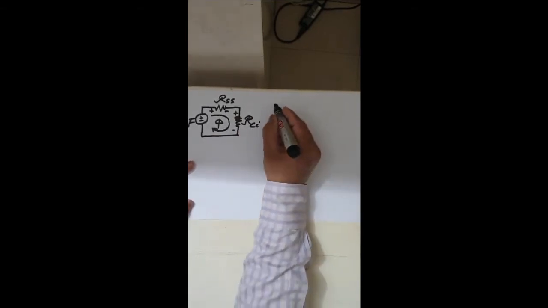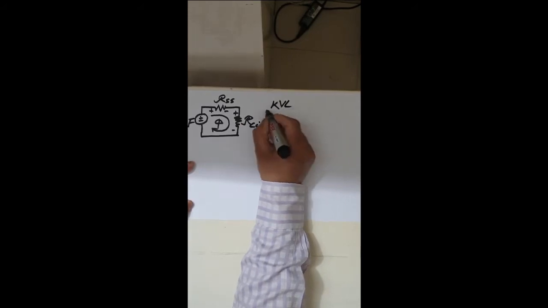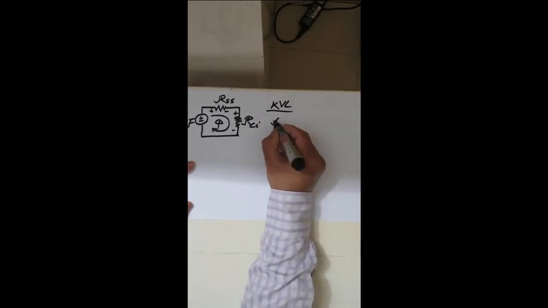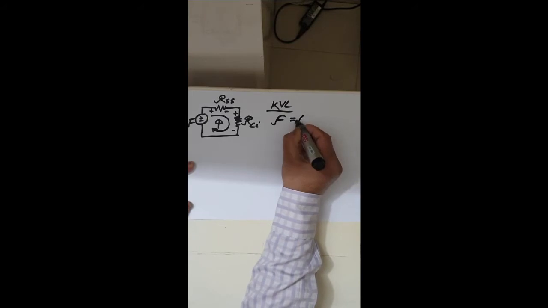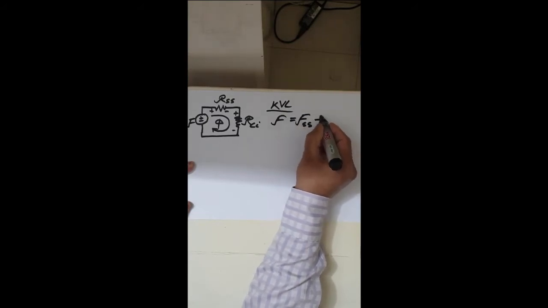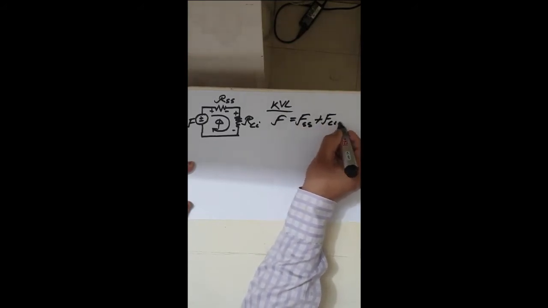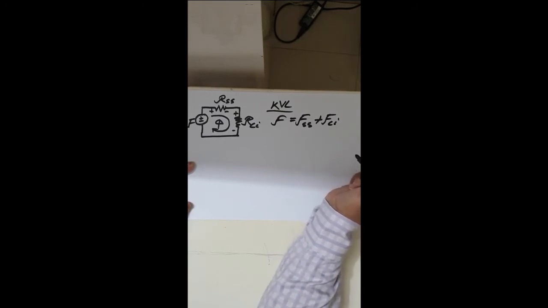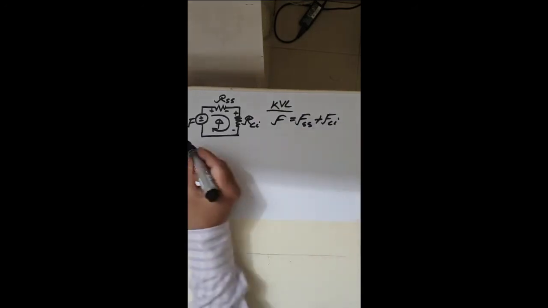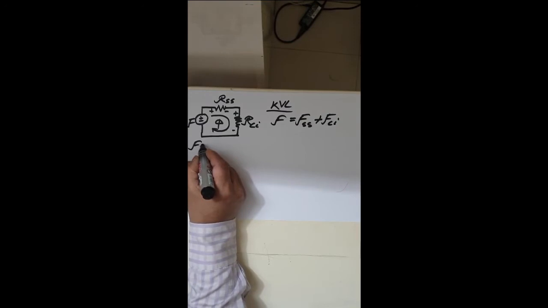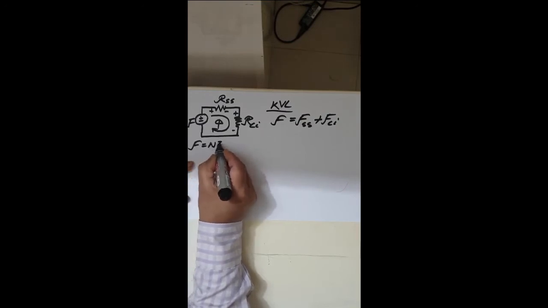So according to KVL, if you apply the KVL, you'll see that this F will be equal to FSS plus FCI. Just like lecture part 1, from there you come to know that this magnetic force F is equal to Ni.